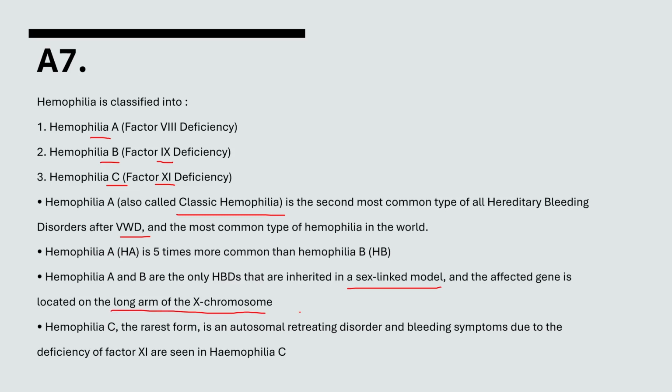Hemophilia C is the rare form of hemophilia. It is an autosomal recessive disorder, and bleeding symptoms due to the deficiency of factor 11 are seen in hemophilia C.